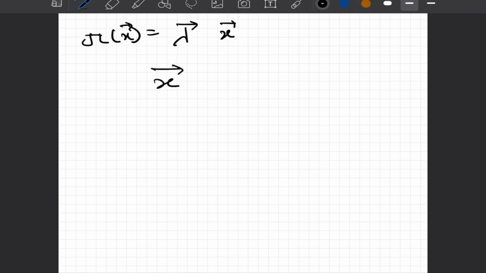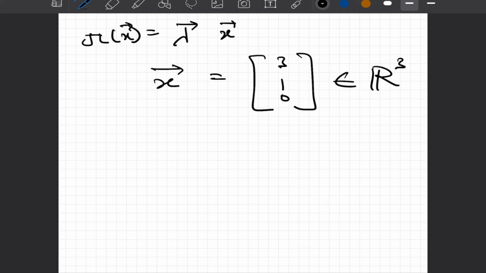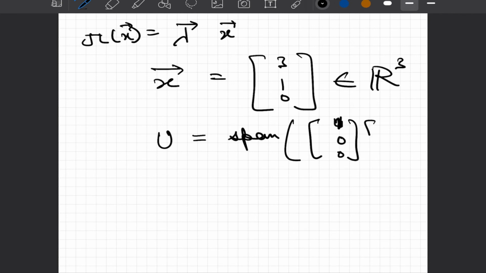Let us say we are given an x vector which is represented by 3 1 0, and as you can see, it belongs to three-dimensional vector space. We want to project it to a two-dimensional subspace denoted by U, where U is spanned by 1 0 0 and 0 1 0.